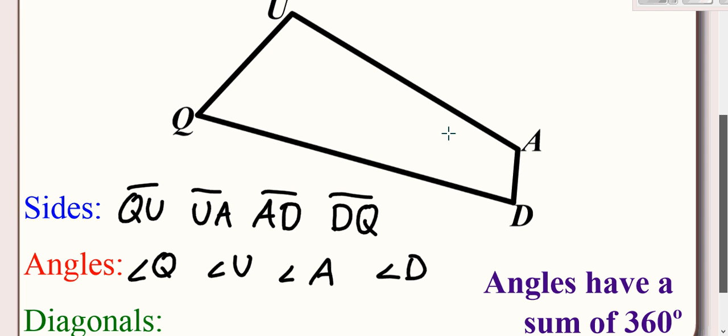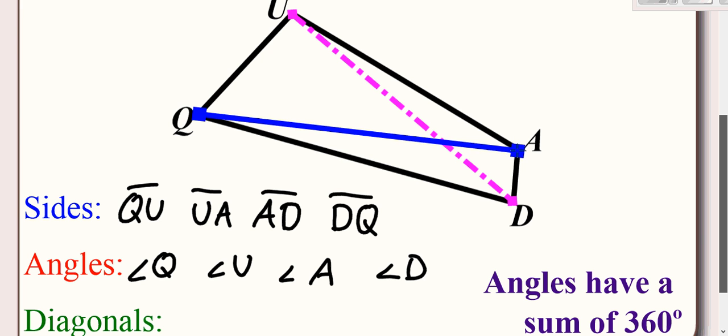When you go from one corner through the middle to another corner, that's a diagonal. And you can go the other way too, from Q to A. So quadrilaterals have two diagonals. UD is a diagonal, and QA is a diagonal. They go through the middle.